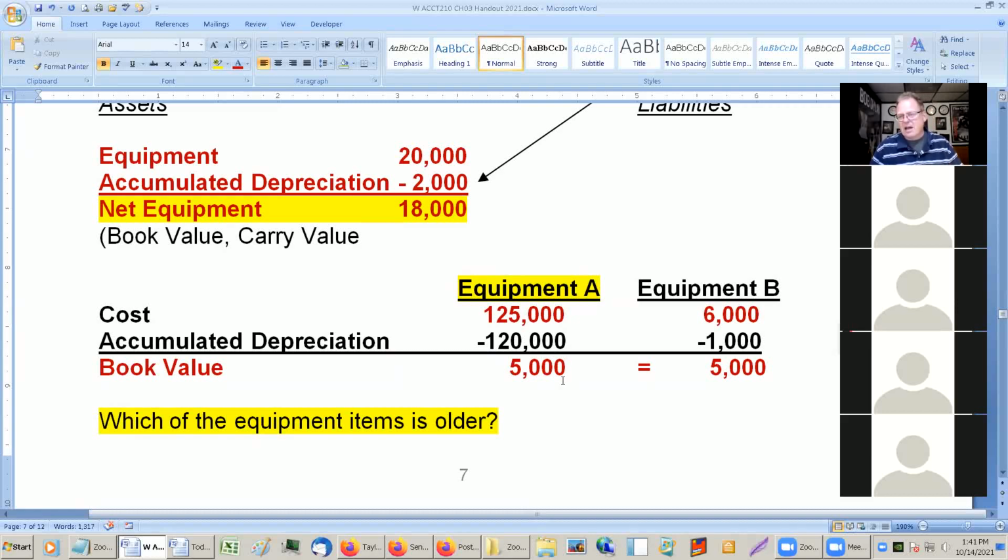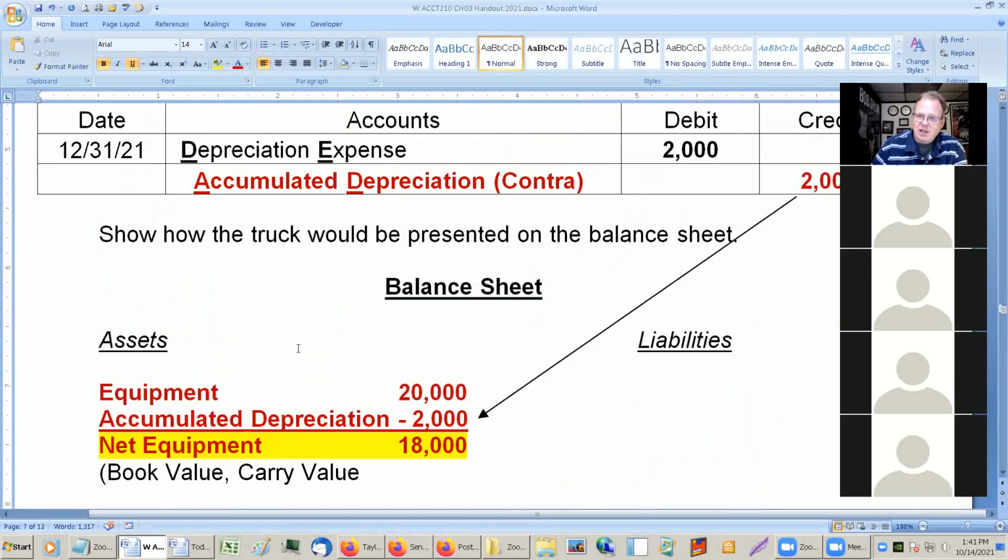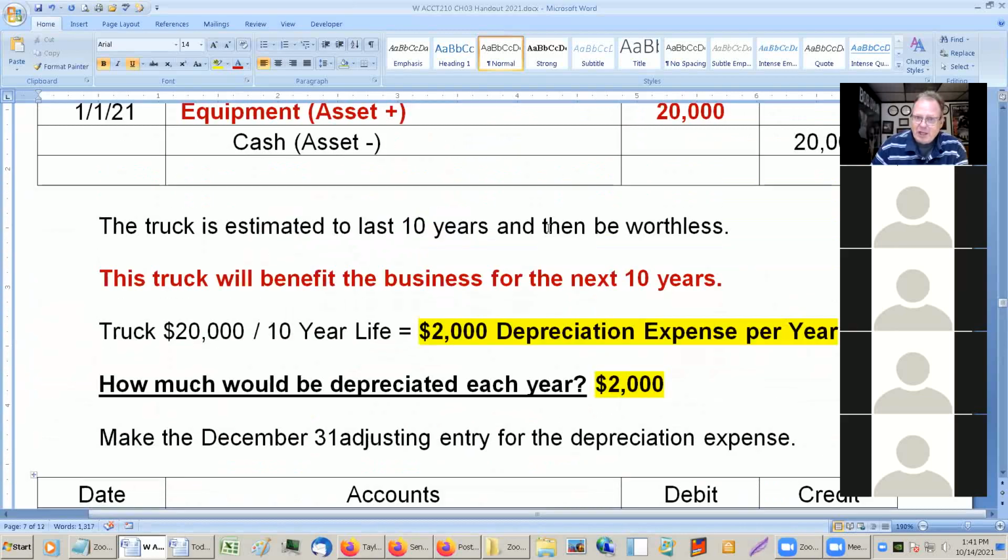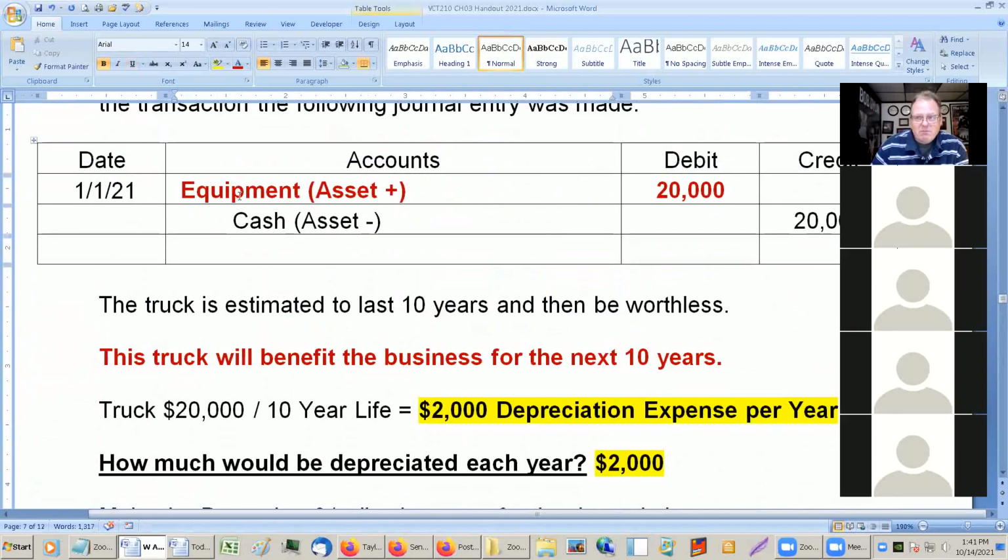The other one is probably not as much so, but is also much newer. So you actually get a lot of information. And by the way, accounting is all about getting as much information as you can to managers, the people that make decisions. So if someone's making a decision, you want to give them as much information as you can. And that's why we keep this wacky accumulated depreciation account. You might be saying, why don't we just write off the equipment directly?